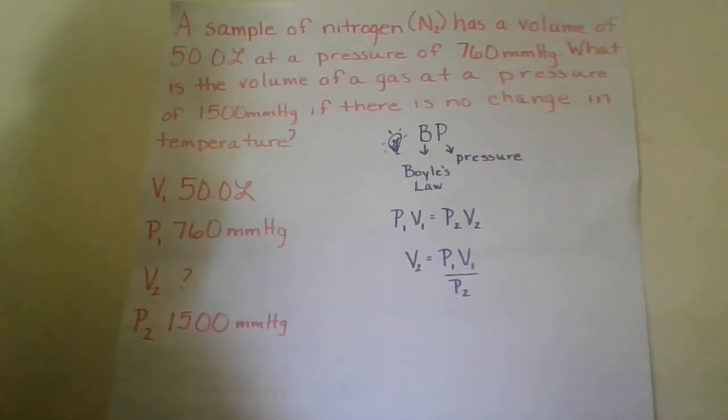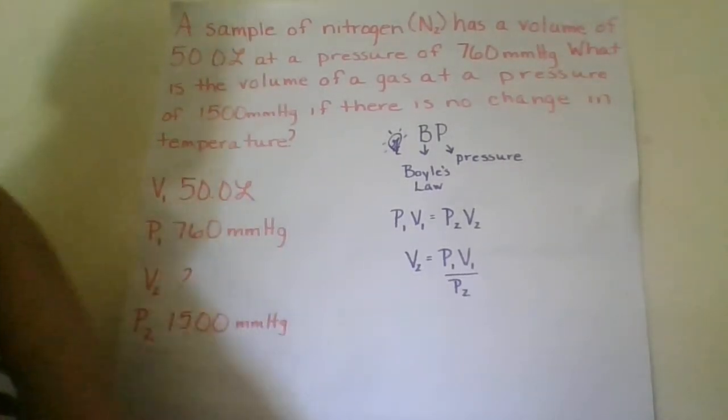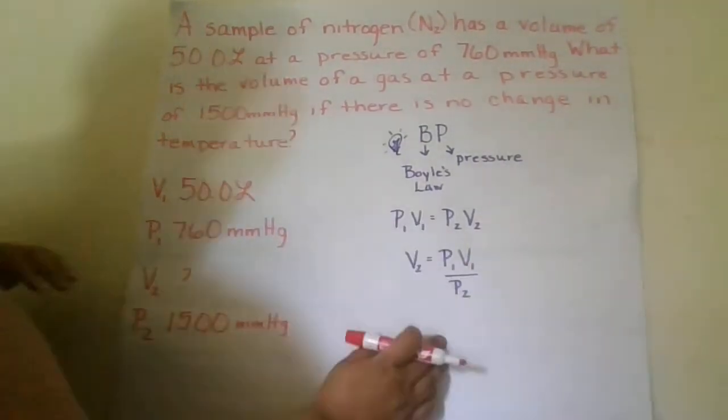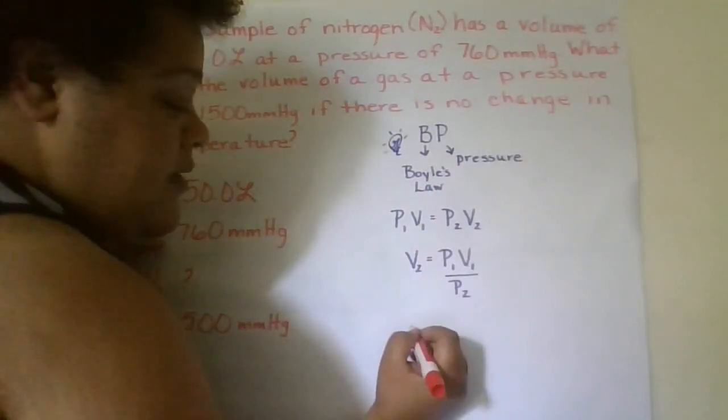So we're going to fill in those numbers and then work out with our very simple and easy, very not expensive calculator here. Okay, so P1 we know is 760 millimeters of mercury.